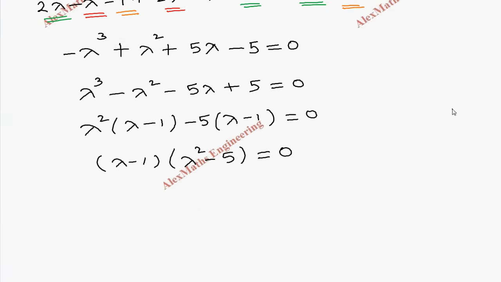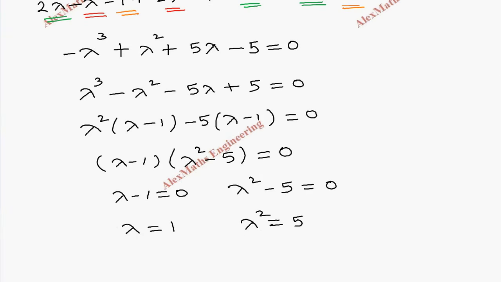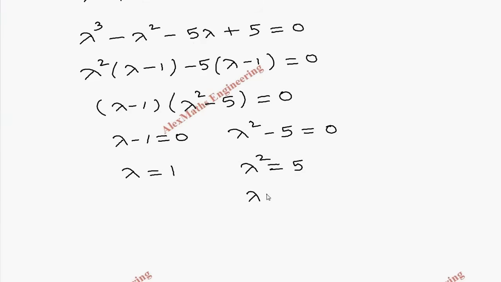Now equating each factor to 0 separately, lambda minus 1 equal to 0, then lambda square minus 5 equal to 0. From the first factor, we get lambda as 1. From the second factor, lambda square is 5. It means lambda value is plus or minus root 5. So totally the lambda values are 1, plus root 5 and minus root 5.